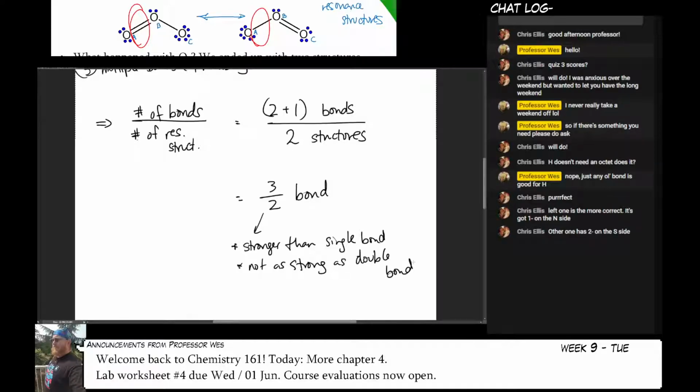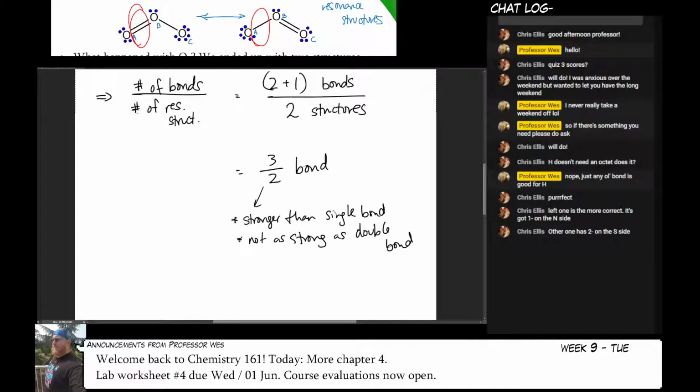And so what I would conclude is that the bonds in ozone, and specifically actual ozone, they're both 1.5 bonds and they're equal strength. So they are identical to each other.